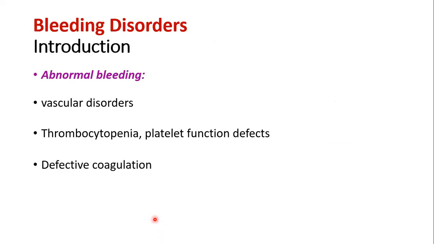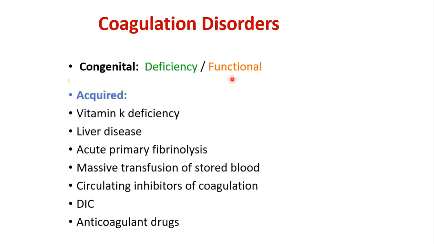So abnormal bleeding, as I discussed this morning, can be due to vascular disorders, platelet disorders or coagulation disorders. Coagulation disorder is one component. We have discussed the vascular and platelet components already. Coagulation disorder can be congenital, where any one of the factors involved in coagulation can be deficient or functionally abnormal.